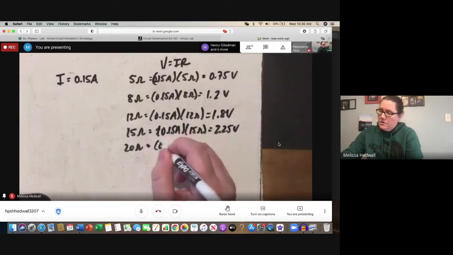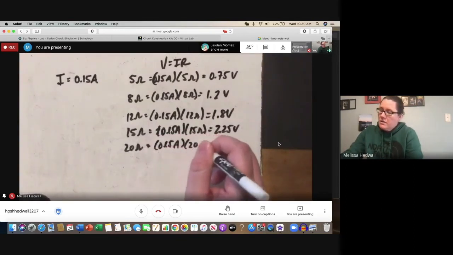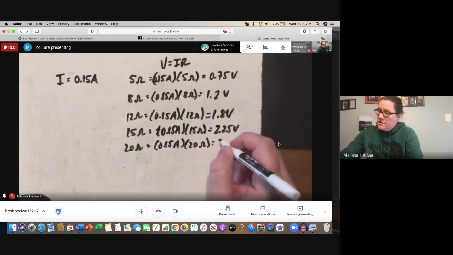And 0.15 amps times 20 ohms gives us 3 volts.